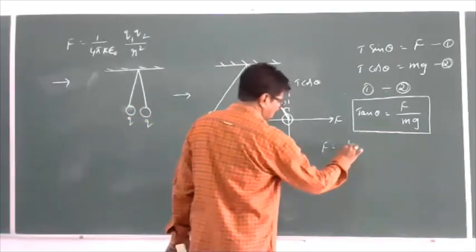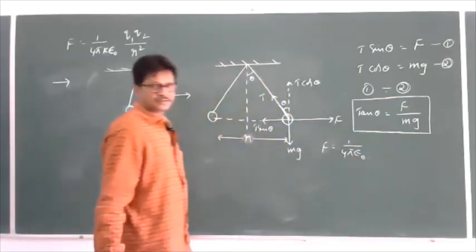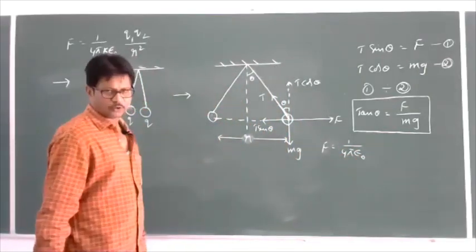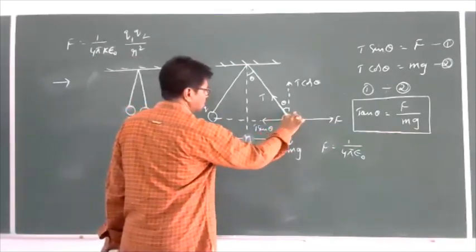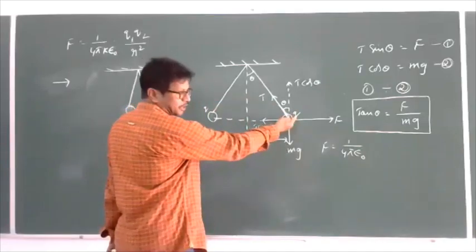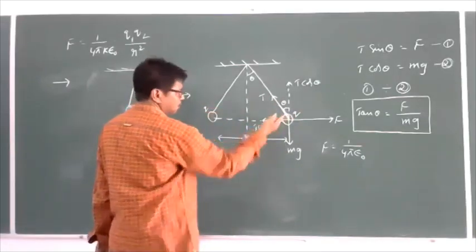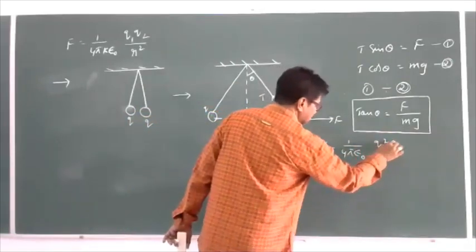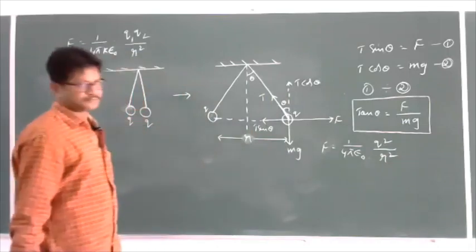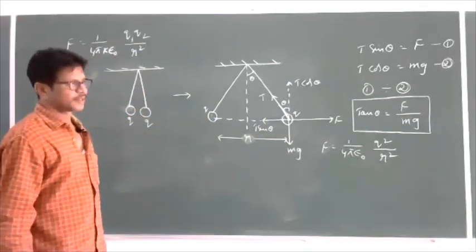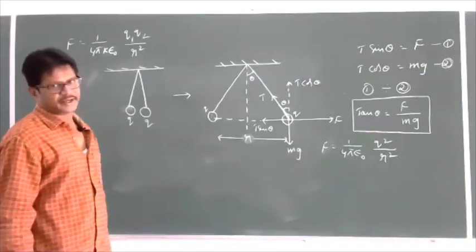F is equal to 1 by 4 pi epsilon naught, Q1 Q2 by r square, where Q1 is q and Q2 is q. That is q square divided by r square.